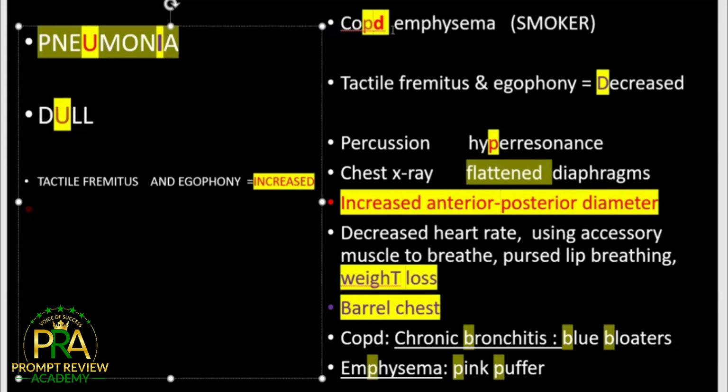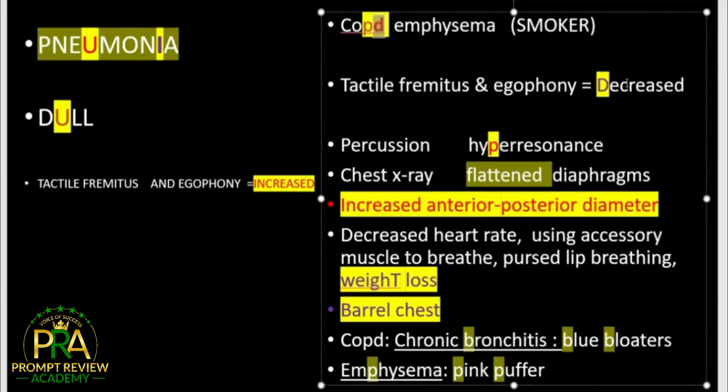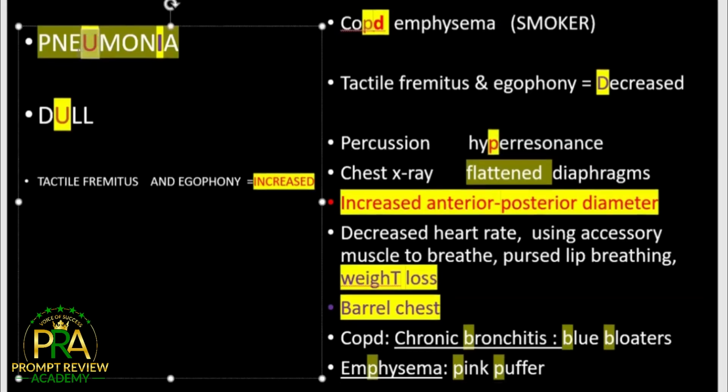D for decreased. P for hyperresonance in COPD. But in pneumonia, U for dull percussion, and I for tactile fremitus and egophony increased.